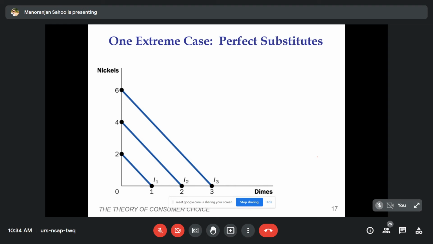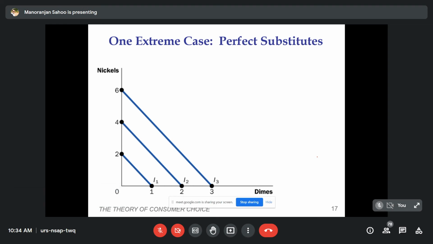Suppose you are having 10 cups of coffee and 10 cups of tea in a week. Now if somebody asks, can you increase the number of tea by 2 cups, so 12 cups of tea and 8 cups of coffee, will you have any reduction in happiness? You will say no, because for me both are perfectly substitute to each other. I can have tea, I can have coffee.